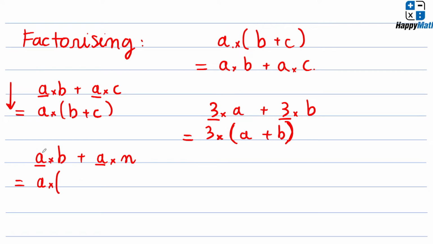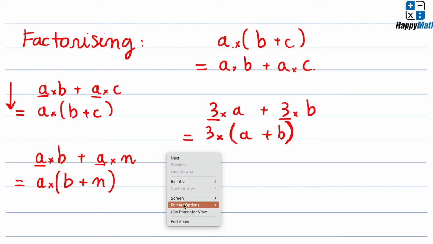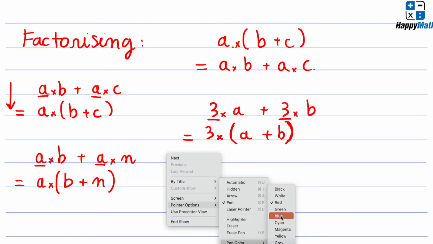Since we take a outside, we don't need to write a anymore, we just write b. The second term is plus an. So I take a outside the bracket, and I don't rewrite a anymore, so the rest will be plus n. That's all. We're done.